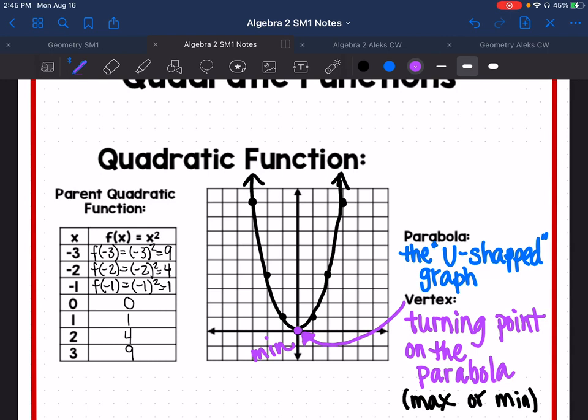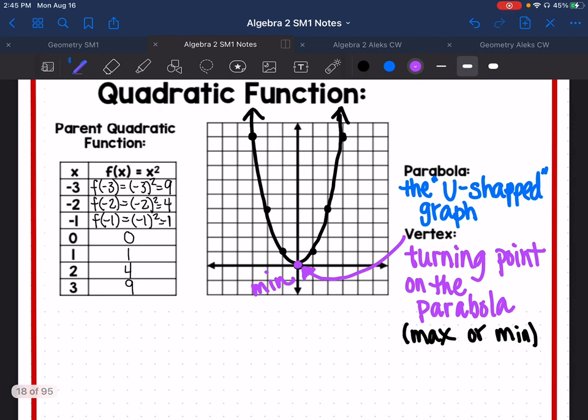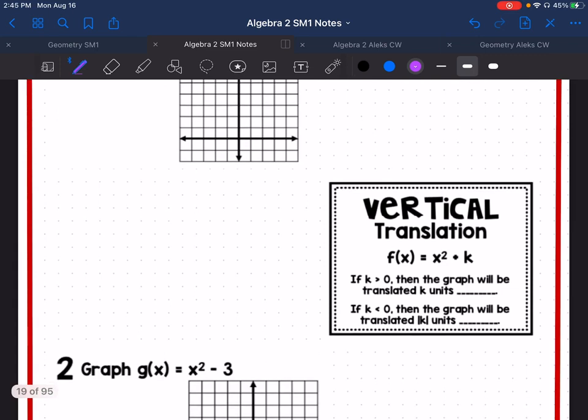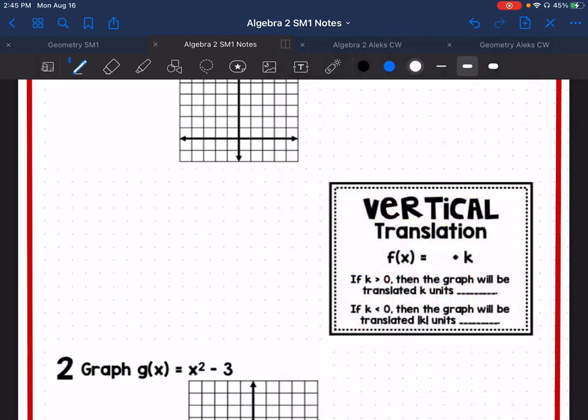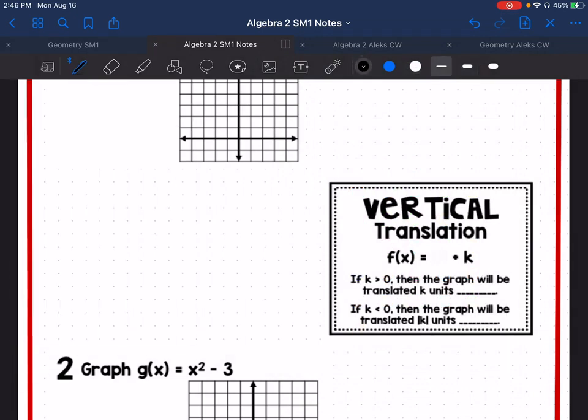All right, let's go ahead and talk about transforming this, taking this parent function and moving it, okay? So the first thing that we're going to talk about are our vertical transformations. Now, we could go ahead and erase this part right here, and we could replace it simply with our function g of x.